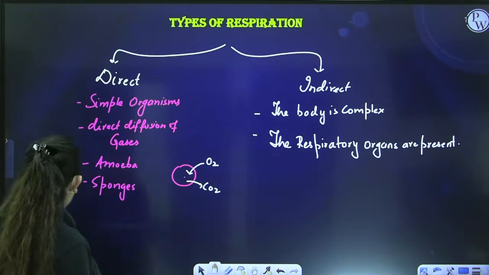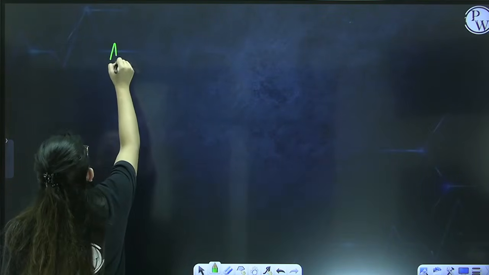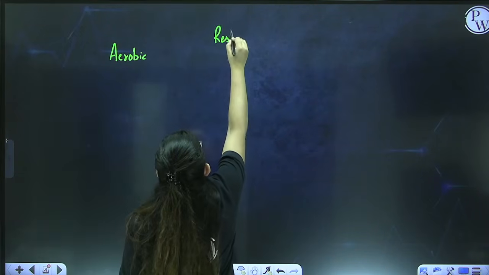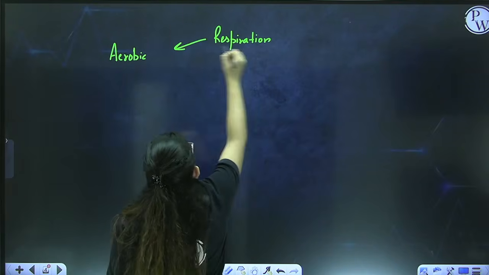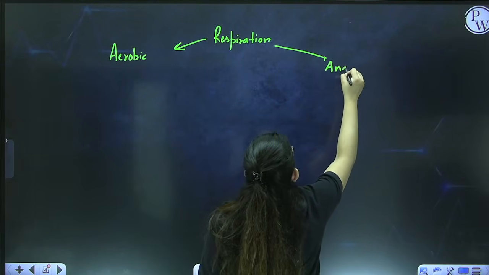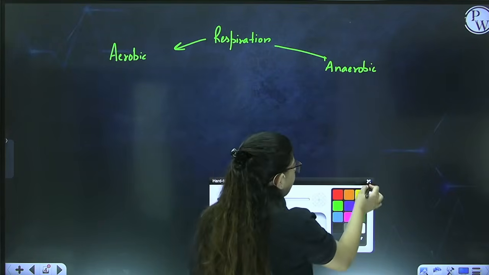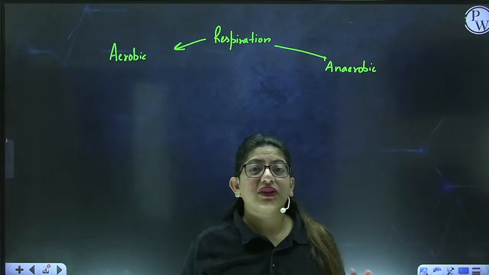Right? You must also have heard about another type of respiration, that is aerobic and anaerobic. Let's talk about that now. Respiration is further of two kinds, guys. One is aerobic and another is anaerobic. Wherever the word aero comes, that means it's related with oxygen.